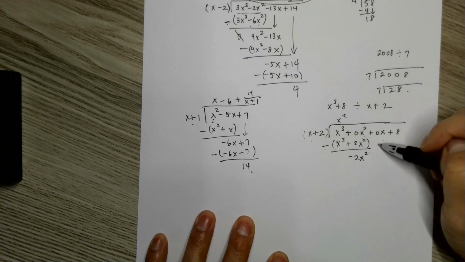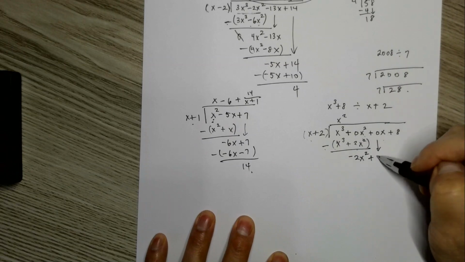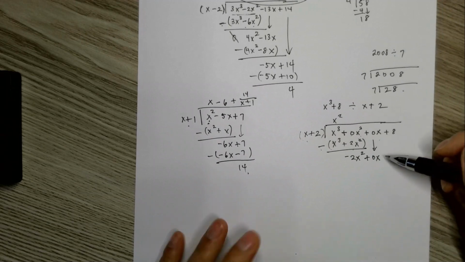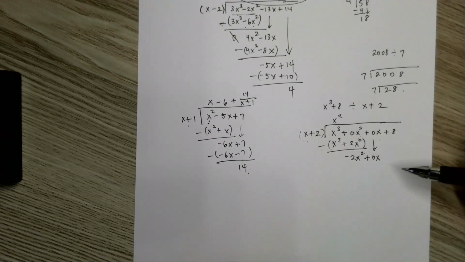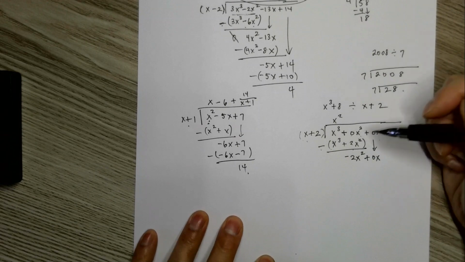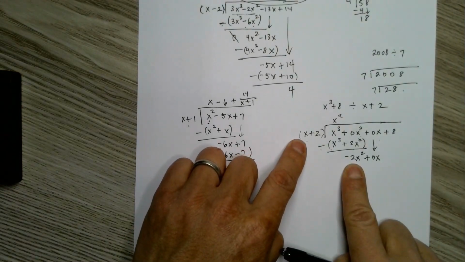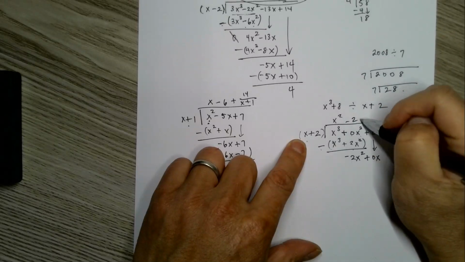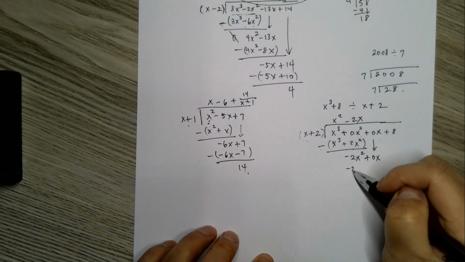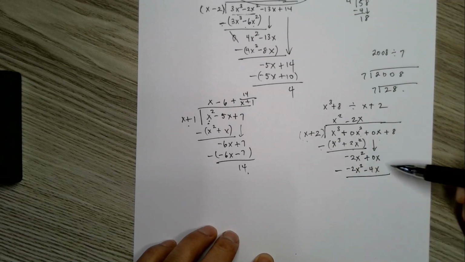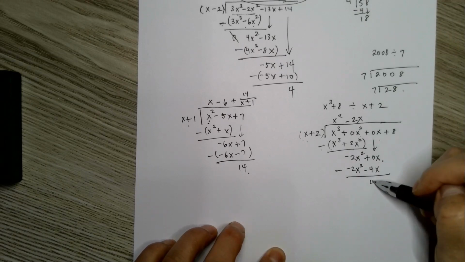And then I bring down 0x. Now that may sound silly, but you'll see that in the second cycle, you'll see why I did that. Okay, then x goes into negative 2x squared, negative 2x times. Then I multiply. And then I subtract. And you see the 0x is useful here, because now I see that I'm doing 0x minus negative 4x, which is 4x.